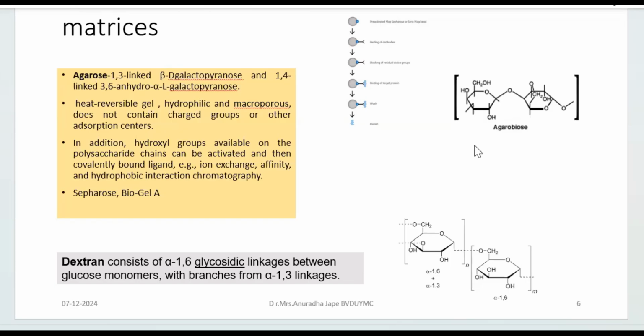So stability of the matrix and its inert nature are very important properties when it has to be brought into practical application. Along with natural polymers, polyacrylamide gel, which is available in the market with the brand name, say Biogel P, is one of the examples.